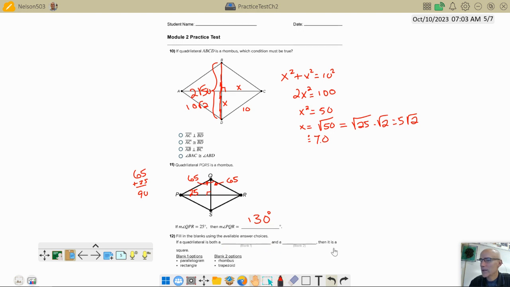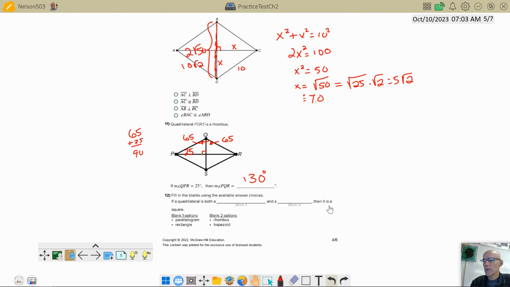Number 12, fill in the blanks using the available answer choices. Again, I've got to change this one too, because we're not going to have any of these fill-in-the-blanks. But it says, if a quadrilateral is both, then it is a square. Oh, it's got to be a rhombus and a rectangle, doesn't it? So if it's a rectangle and a rhombus, that would make it a square.